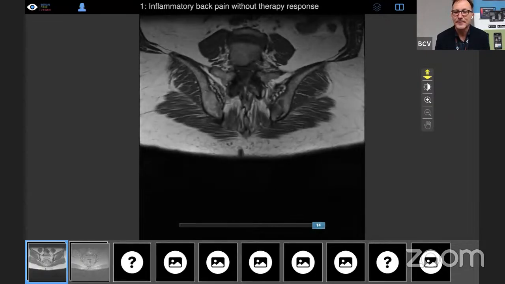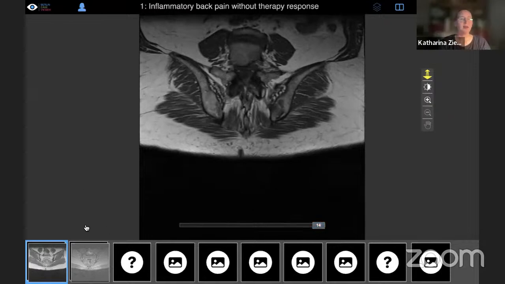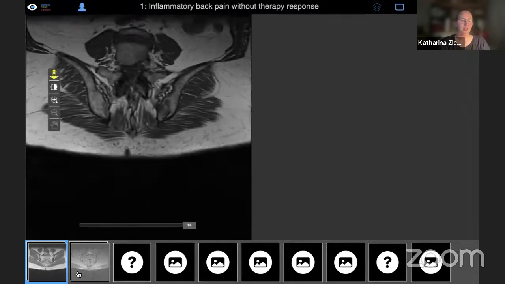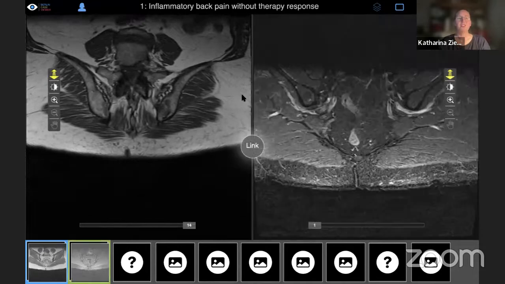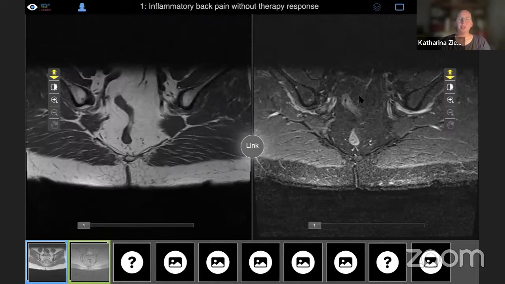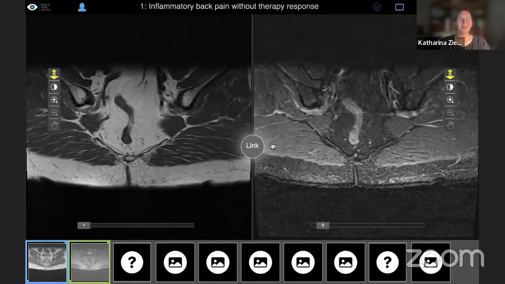Okay. So I have two MR images for you here. I just have to see that I can use the split screen with the full. Hang on, because I'm sharing the screen. So as I showed you here, maybe some of you are already familiar with the use of the case viewer web app or even on a device.